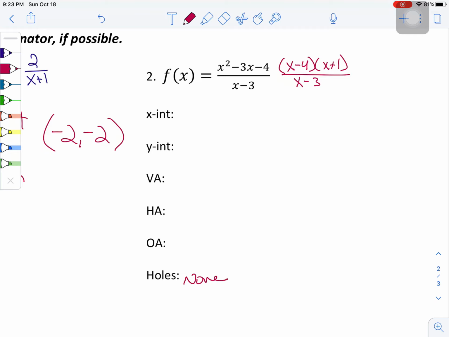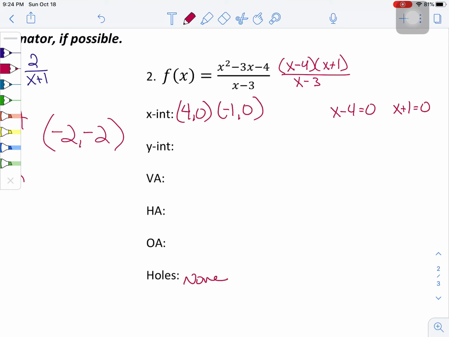All right. For the x-intercept, you need to take the numerator, and there are 2 factors in the numerator. So take each factor, set it equal to 0. So we're going to have x-intercepts of positive 4, 0, and negative 1, 0. 2 x-intercepts in this case. Y-intercept. Take the function.